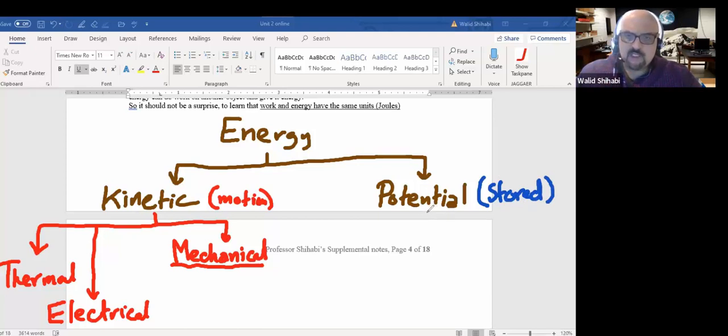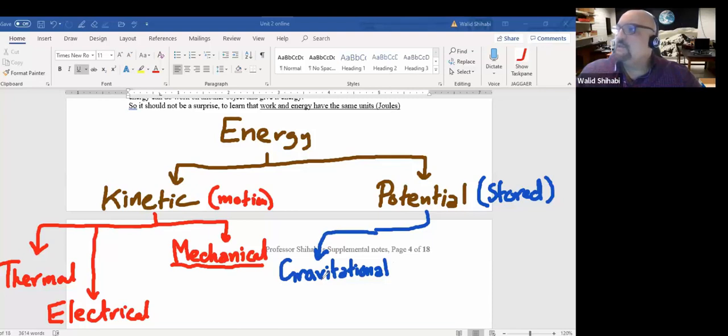And we divide potential energy also into sub-classifications, or subcategories. We have gravitational potential energy, that's one. Gravitational potential energy is energy due to gravity.